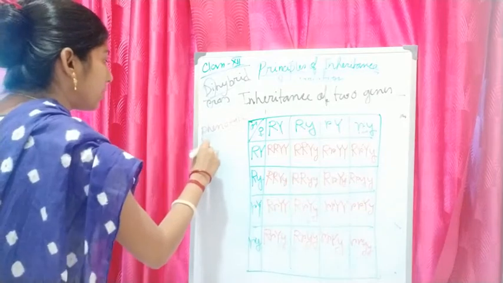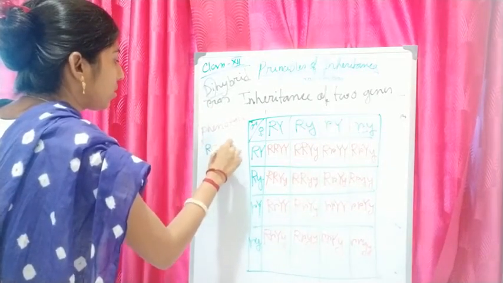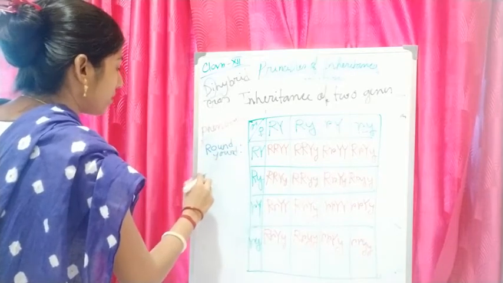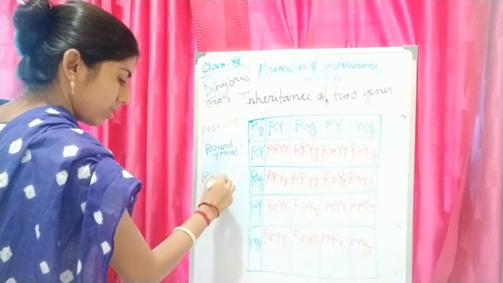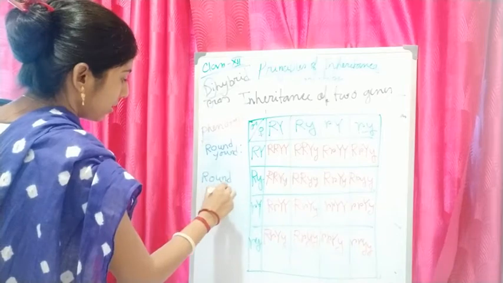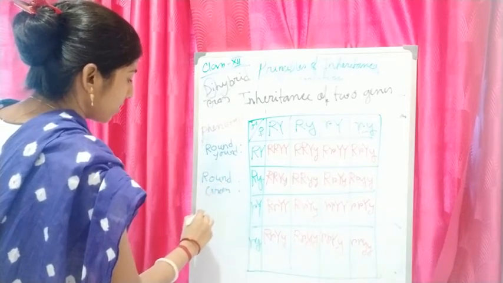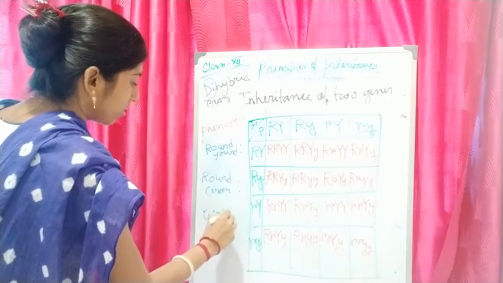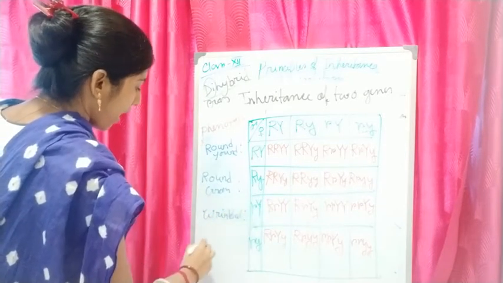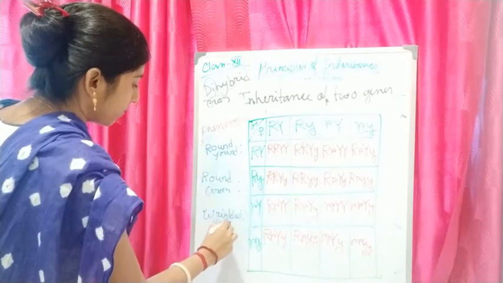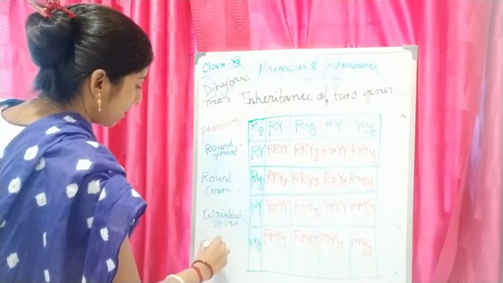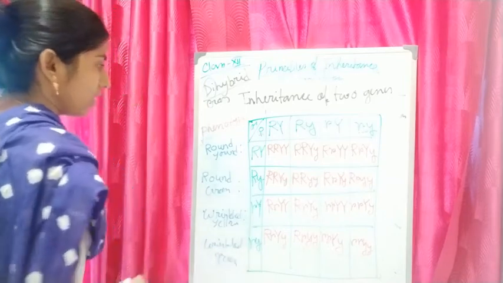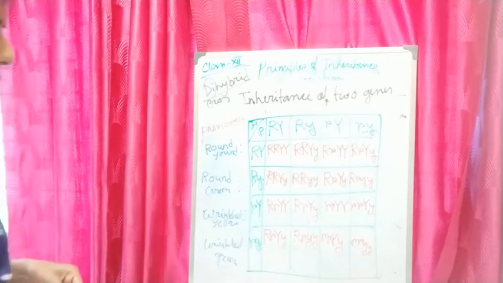The first one is round yellow, as it was dominant, and the second one is a mixture of round green. The third one is round yellow, round green, wrinkled yellow, and wrinkled green.